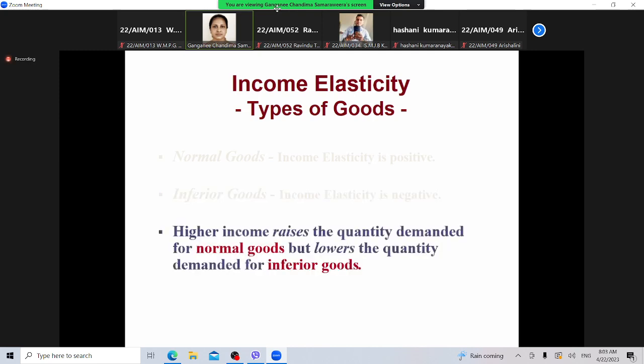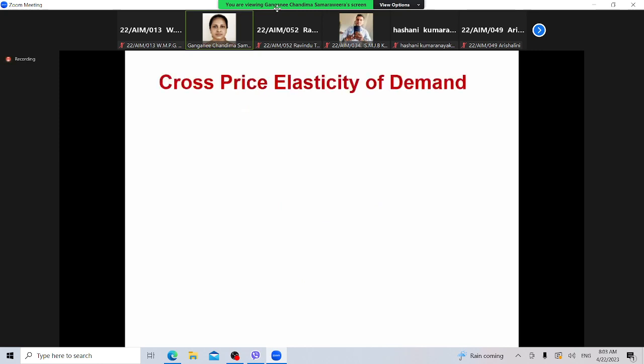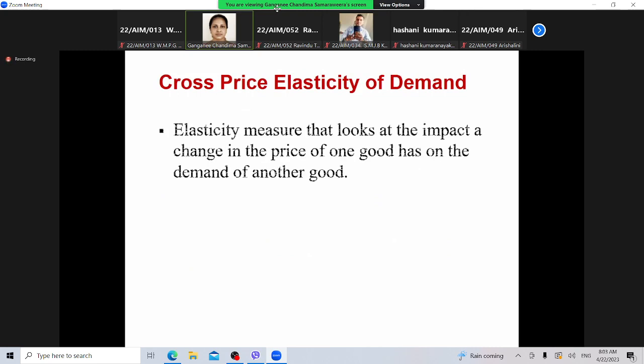Higher income raises the quantity demanded for normal goods, but lowers the quantity demanded for inferior goods when income increases. For normal goods, for example, all goods are normal goods. Normally, when price increases, we decrease our quantity demanded.